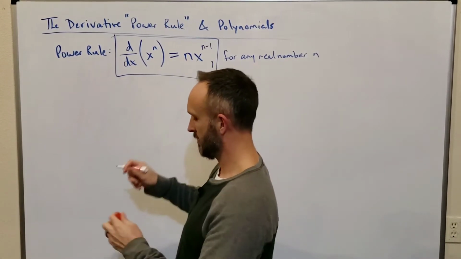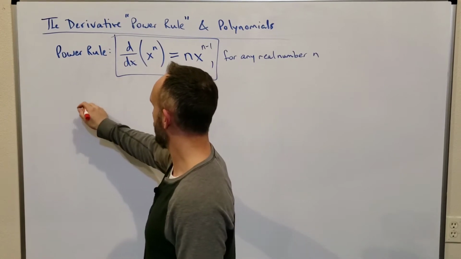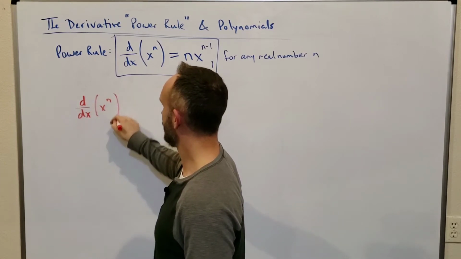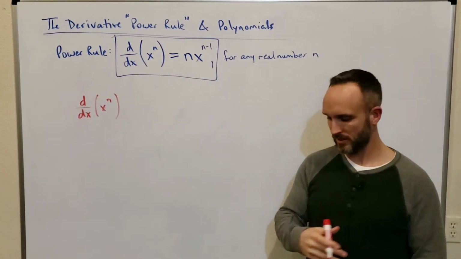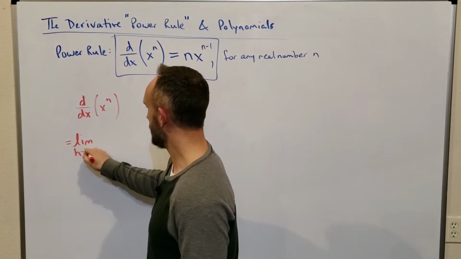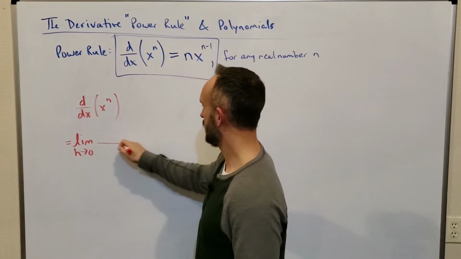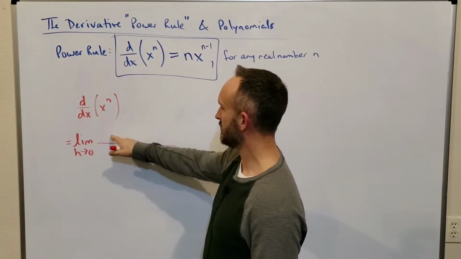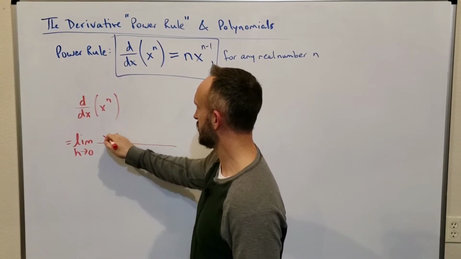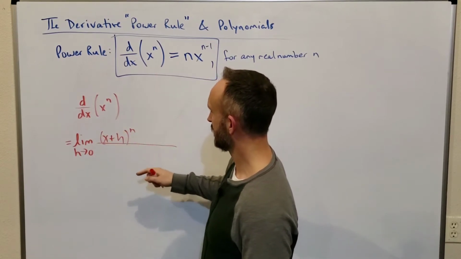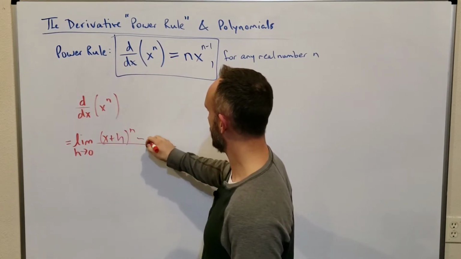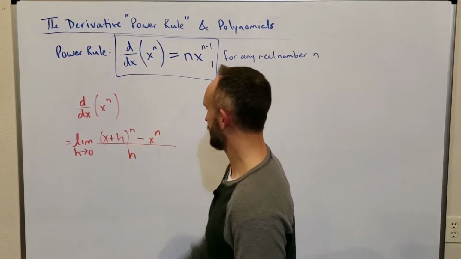If I want the derivative of x to the n, and I want to find it using limits, then I would do the limit as h approaches 0 of the quotient f of x plus h. In other words, plug x plus h in for x. So I get x plus h to the nth power for my function. This is n, that's h. Minus f of x, well that's just x to the n. And that's all over h.